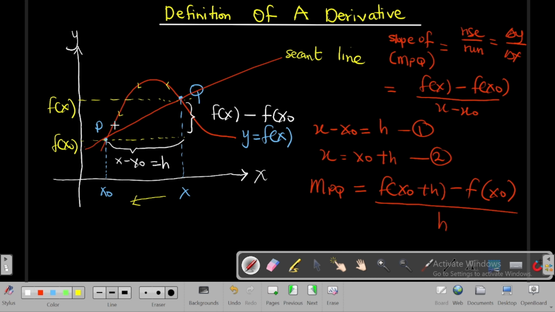All right, now if the secant line through points P and Q approaches a limiting position as x minus x naught, or h, approaches zero, then this secant line is approaching x minus x naught, right?